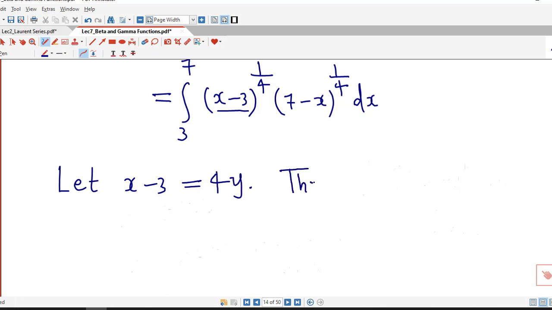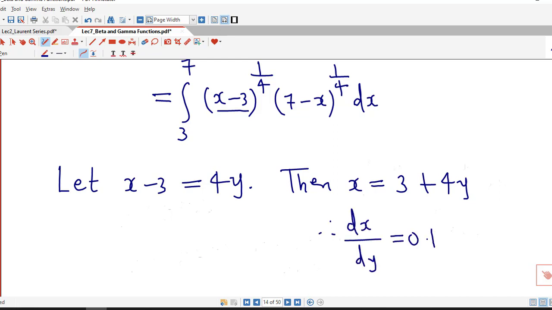Then x is nothing but 3 + 4y, and therefore the derivative of x with respect to y is nothing but 0 + 4, that is 4.